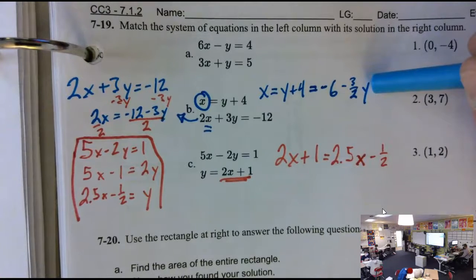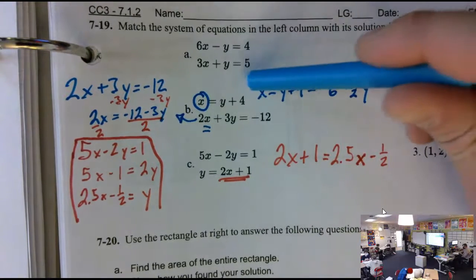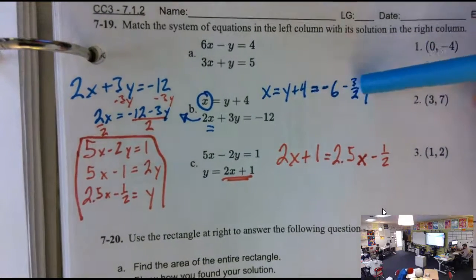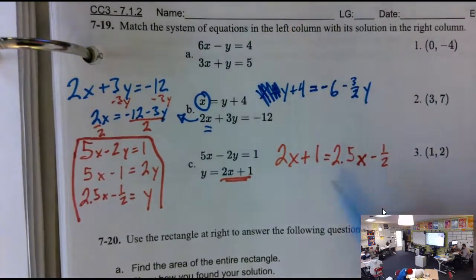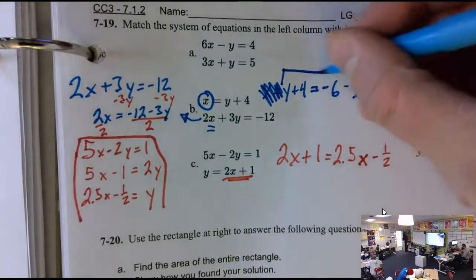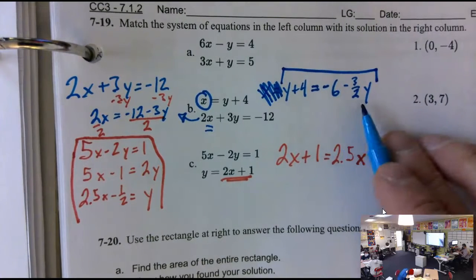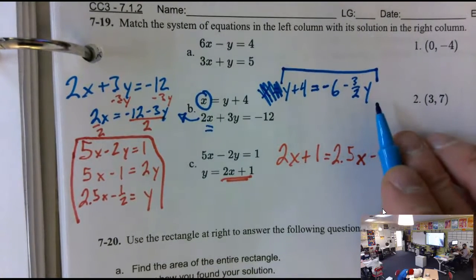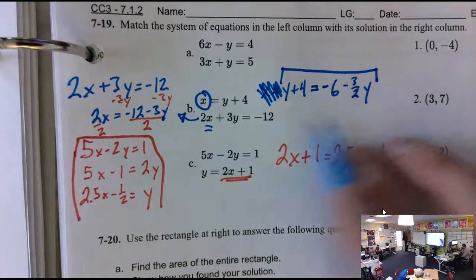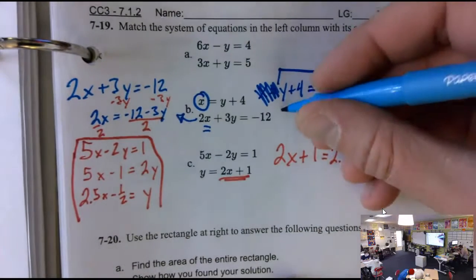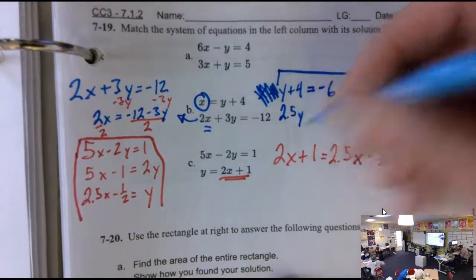Oh, okay. So now that I have x equals this and x equals this, they're equal to each other, and I don't care about this anymore. I just care about y plus 4 equals negative 6 minus 3 halves y. I can add 3 halves y to both sides, and that's going to give me 2.5y.